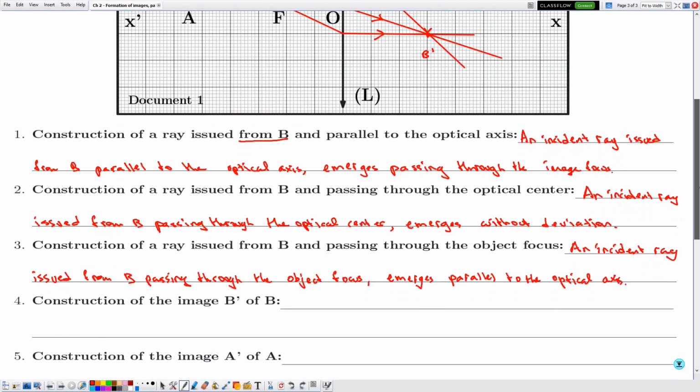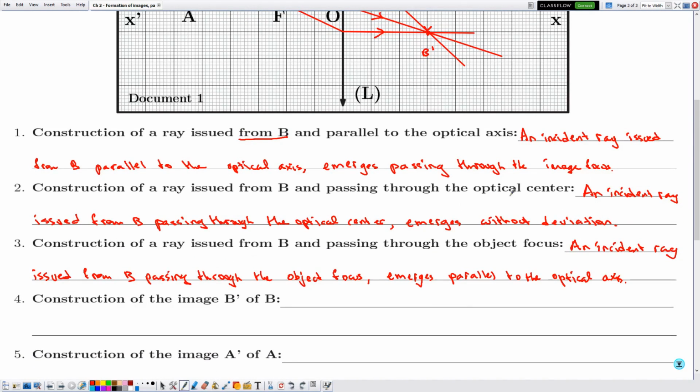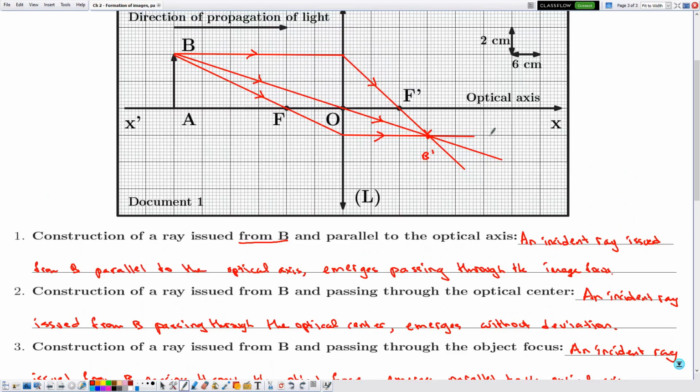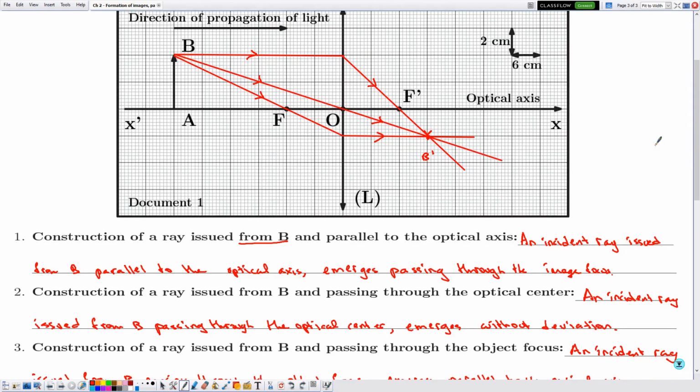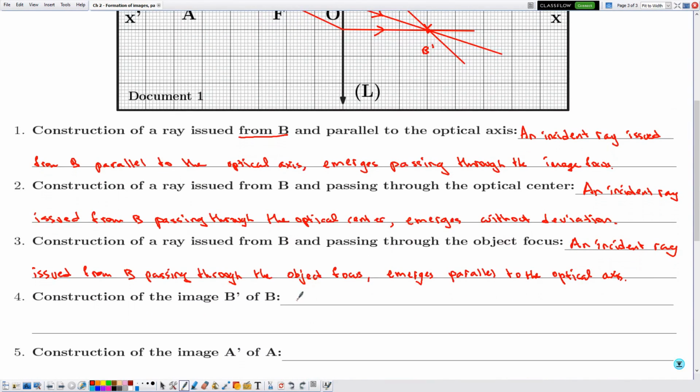And now the word construct means that we need to trace and justify. So we already have done the tracing of B prime. Now let's do the justification. What does the point B prime represent? So then the image B prime of B is the intersection of the emergent rays.